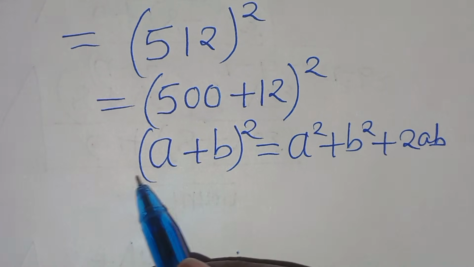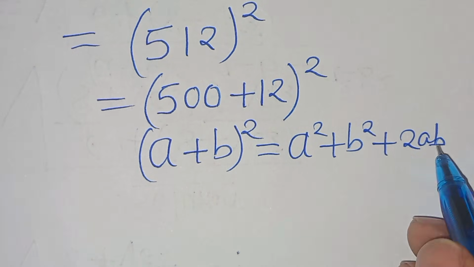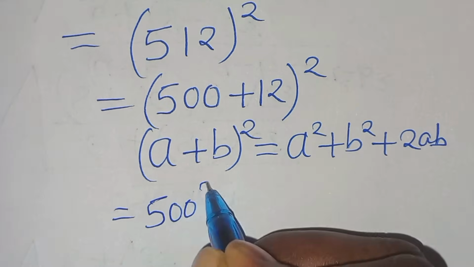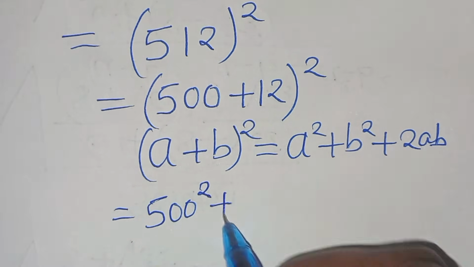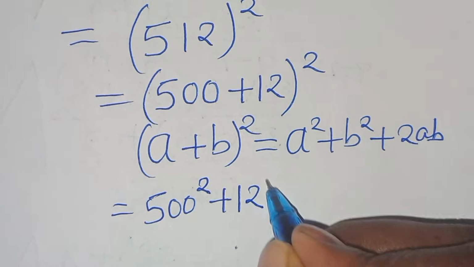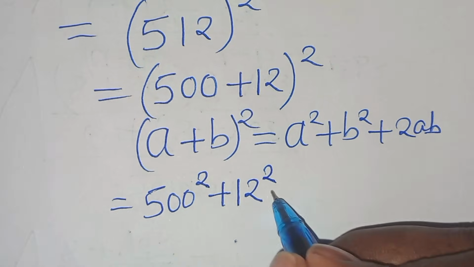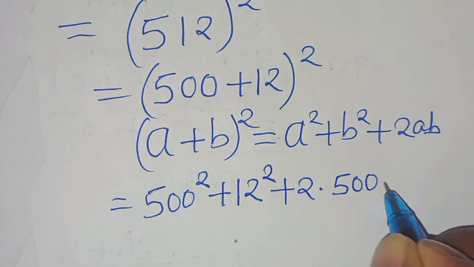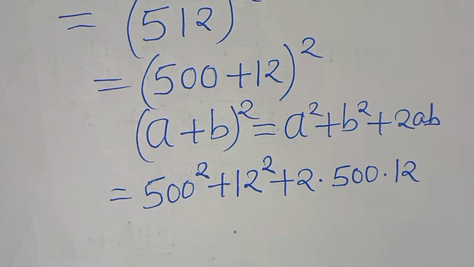Now, let's apply this algebraic identity so that now here we have 500 raised to the power of 2, then plus 12 raised to the power of 2, then plus 2 multiplied by 500 multiplied by 12.